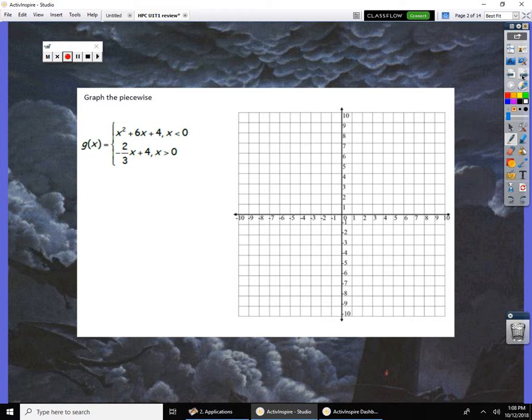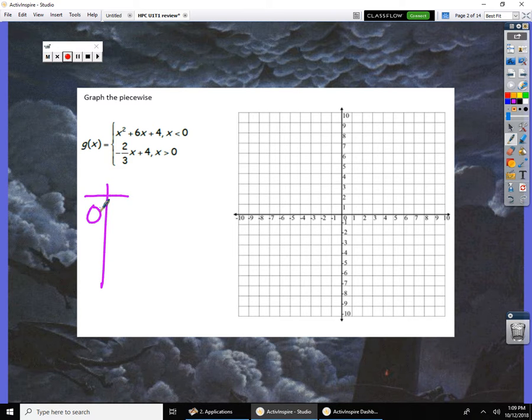Okay, so if they want me to graph, what's the safest way to graph? What do I need to do? Table of values. Now, you will notice that this does not equal 0, but that doesn't matter. 0 still has to be part of my table because it's in the restriction.